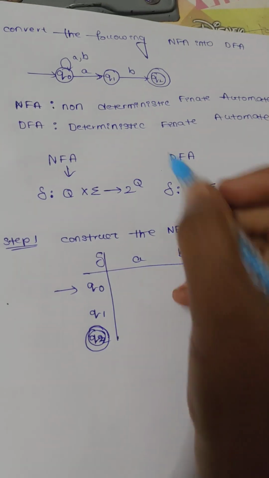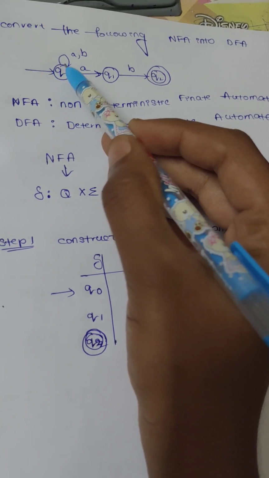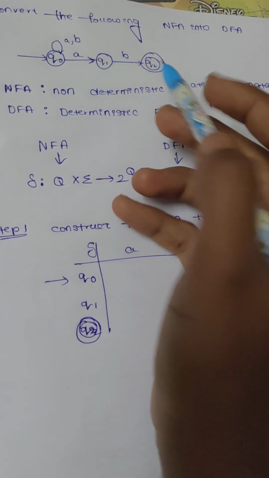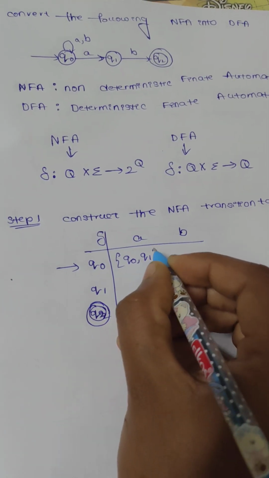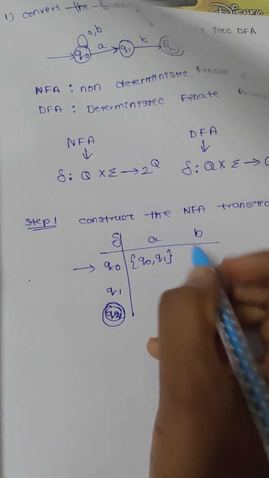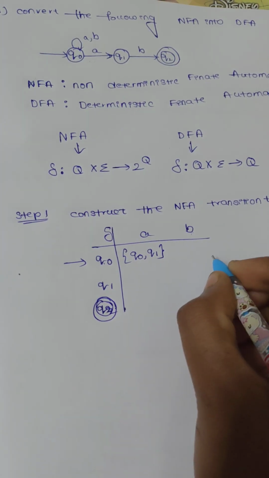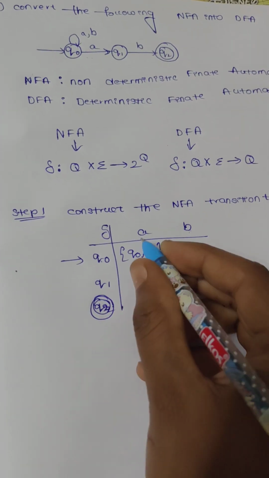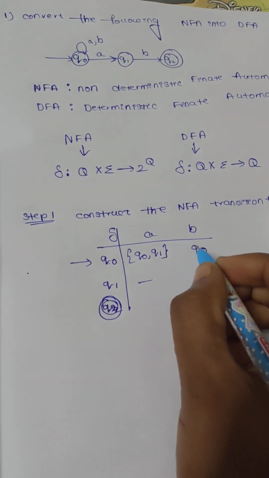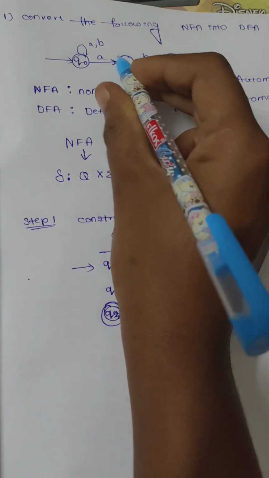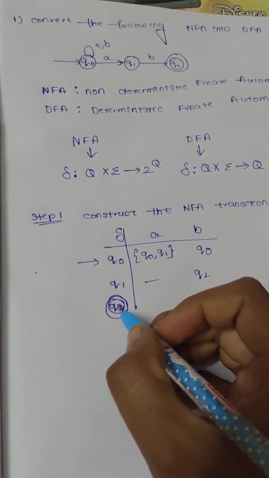Here, Q0 on A goes to Q0, and Q0 on A goes to Q1. Q0 on B goes to Q0. Q1 on A goes to nothing, and Q1 on B goes to the final state Q2.